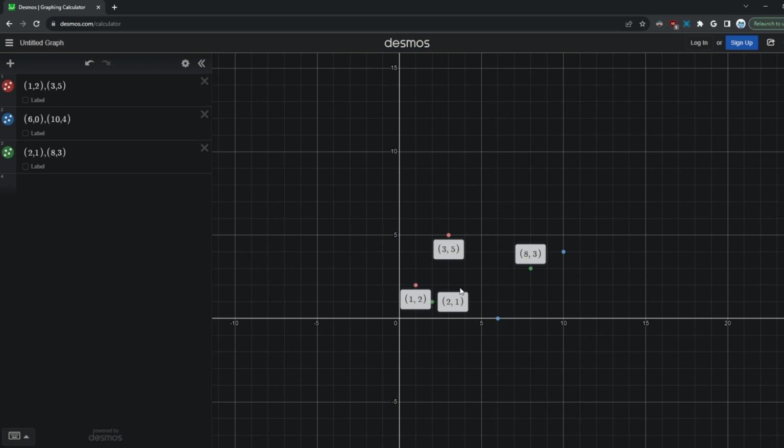Math.min of the x's minus math.max of the x's here. We're finding the min here, so it's going to be 3 because 3 is less than 8. And we're finding the max here, so 2 because 2 is greater than 1. And we subtract those, so it's 3 minus 2, which gives us 1.